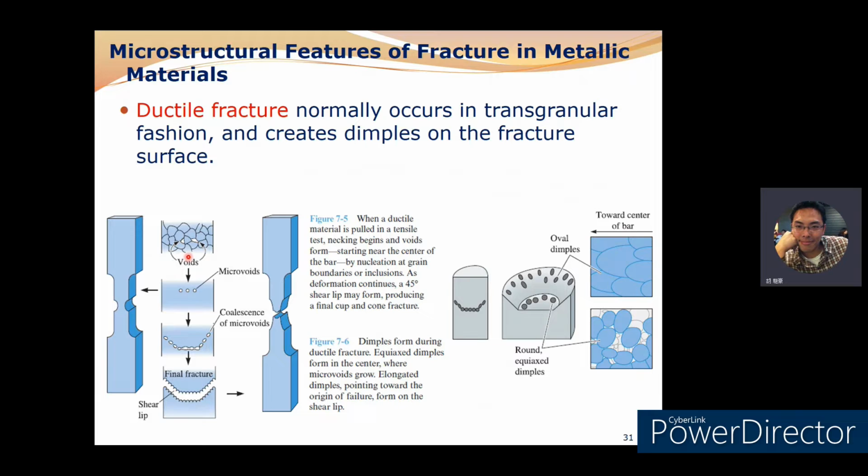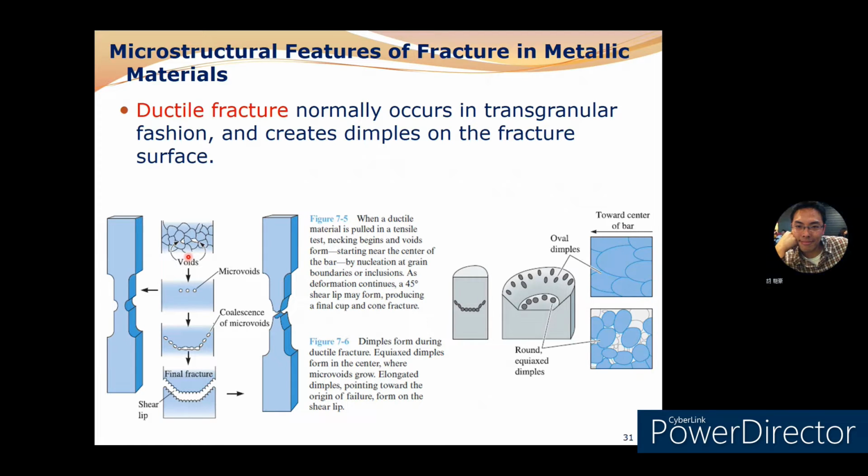And from the materials point of view, some voids form inside the material, the micro voids. When you keep pulling this ductile material, the micro voids will form and be created numerously.